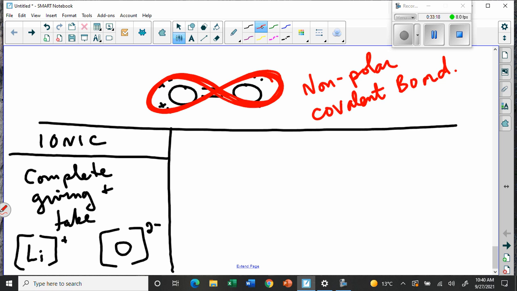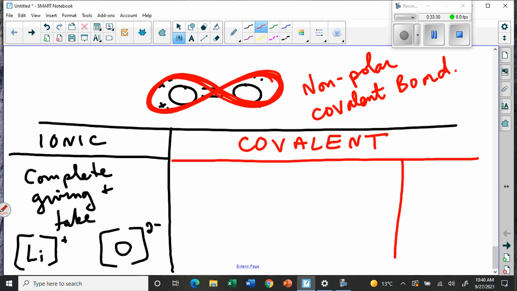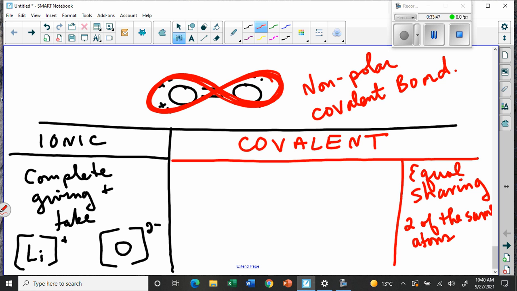But on the other side of this chart, we have the covalent side, but it seems to be divided into two, right? Over here I'll put the equal sharing, which would be like two of the same atoms, like we just saw, O2, oxygen binding to oxygen, right?